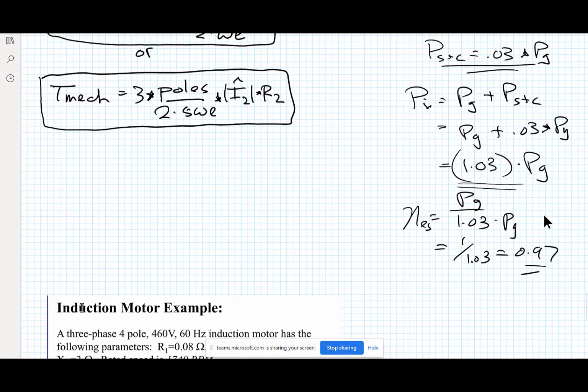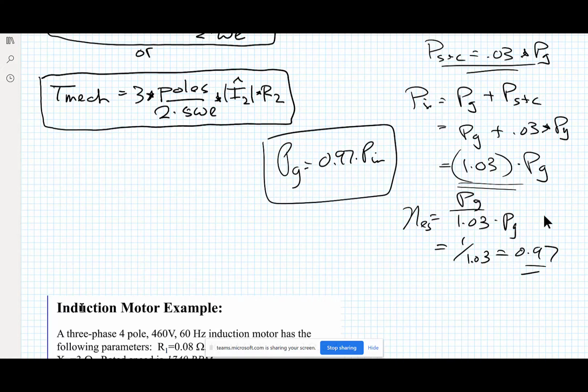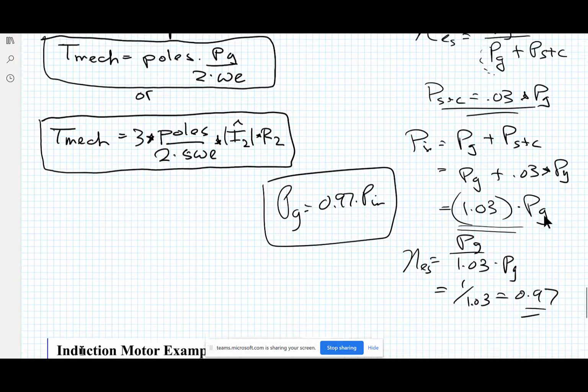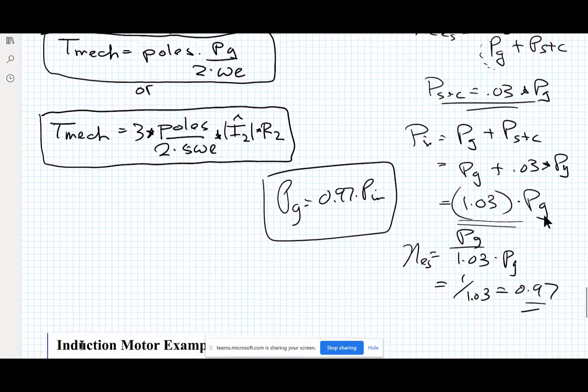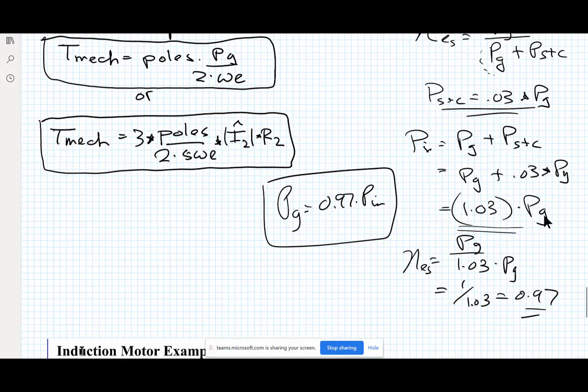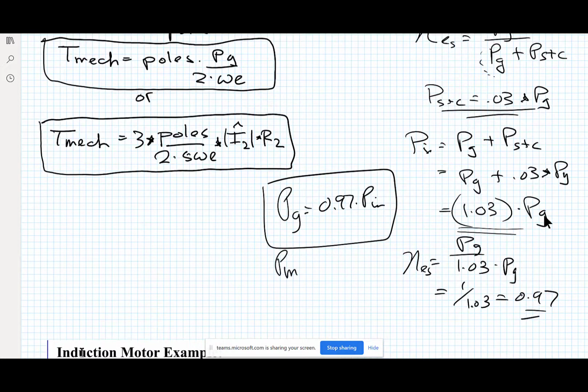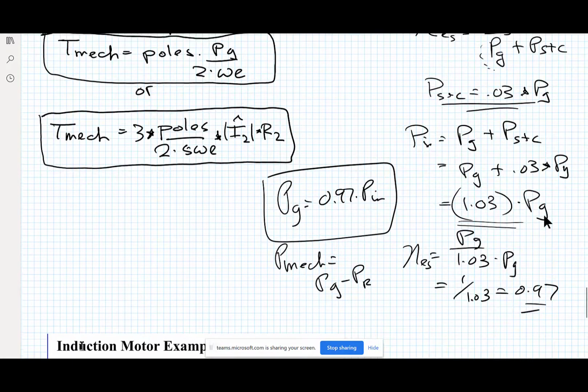So knowing this, I know that P gap is equal to 0.97 times Pn. I could find that, right? And if I knew the rotor losses, I could find P mechanical. P mechanical would be, if I gave you the rotor losses, Pg minus the P from the rotor loss. Does that make sense?